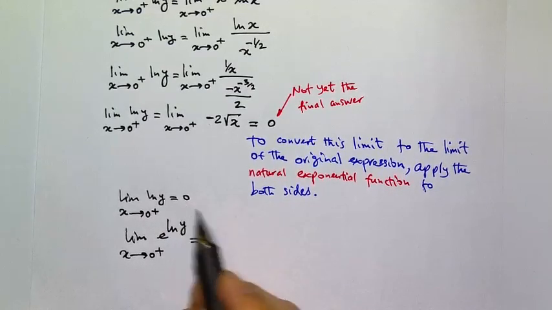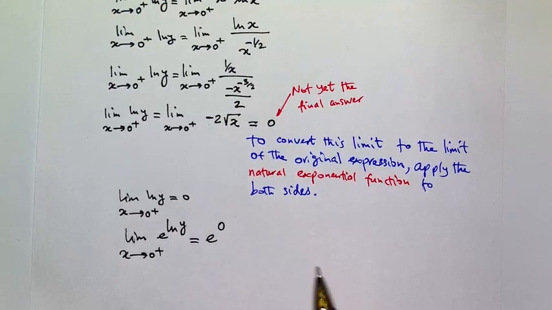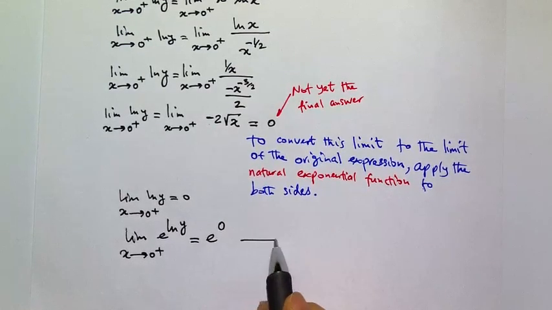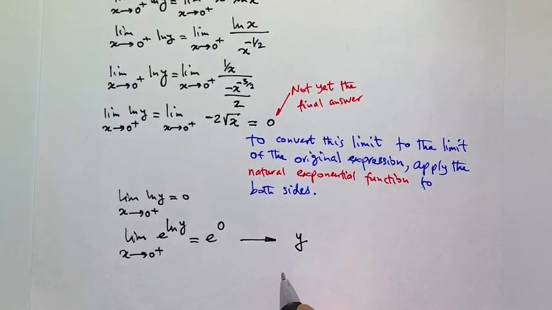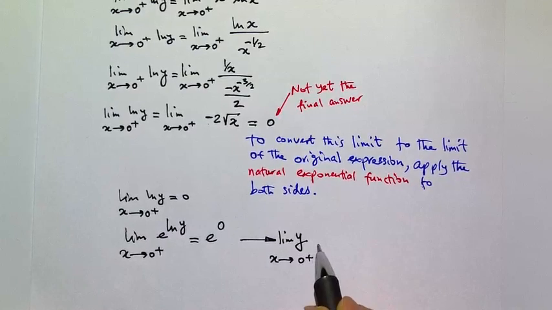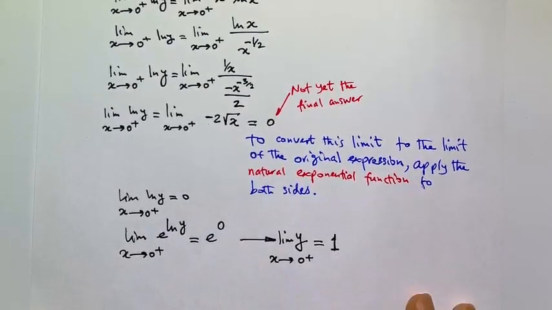We have to do the same thing to the right, apply the natural exponential function to that. And what do we get? On the left side, we get just y, right? We get the limit of y as x goes to 0 from the right. On the right side, we get 1, right? e to the 0 power is 1.